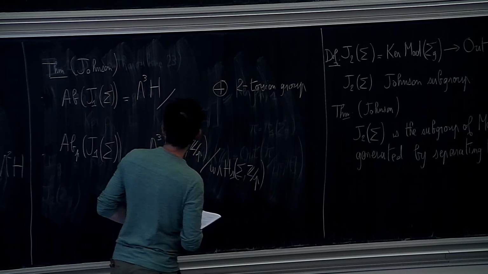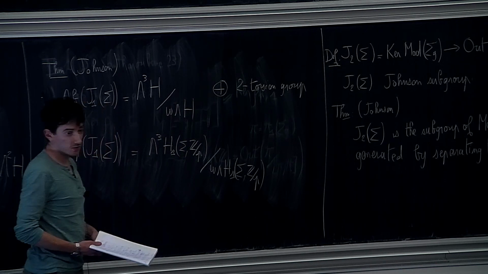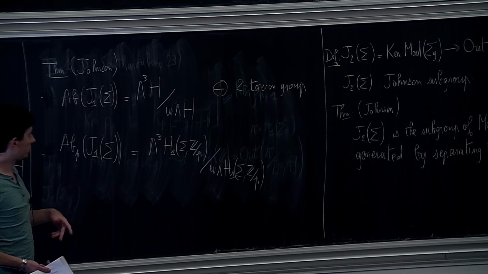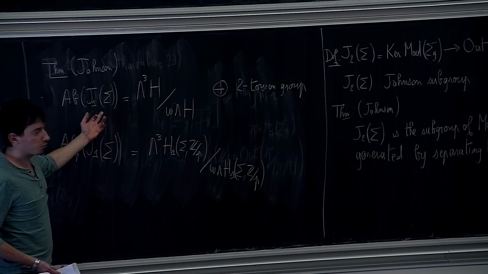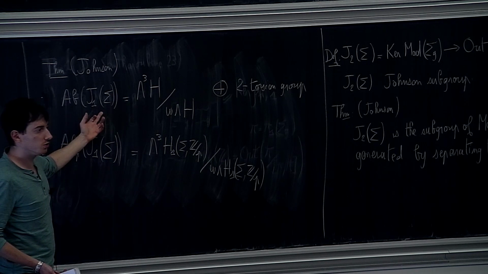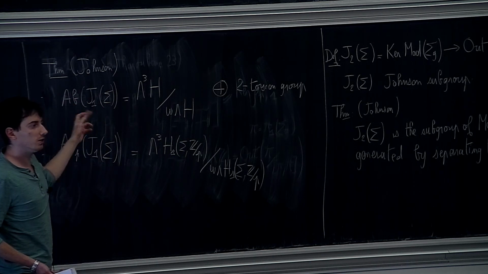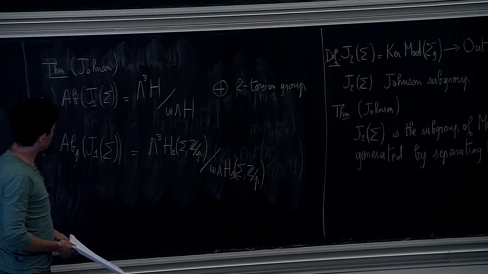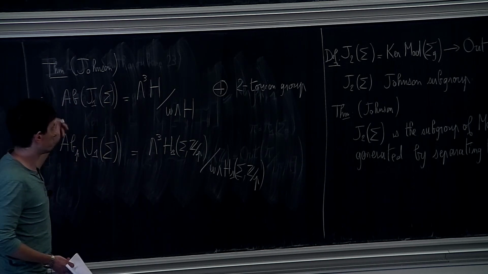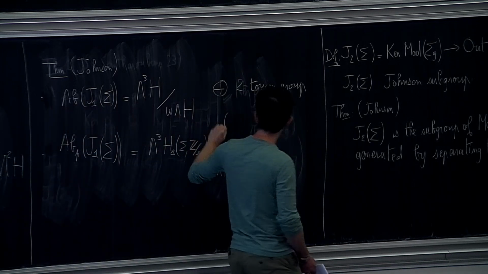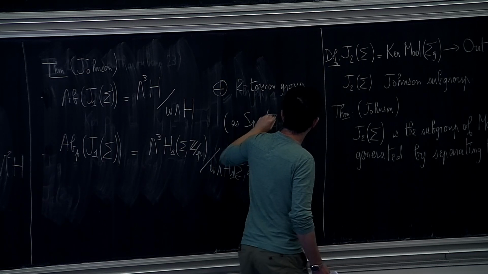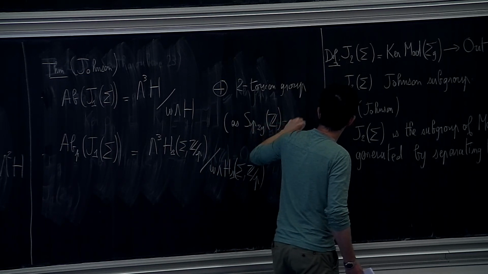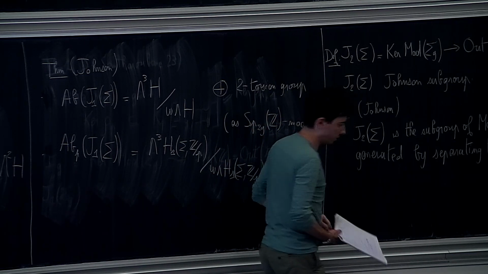So I have that. Here, as was the case in Andy's talks, a priori you have just a structure of an abelian group for the abelianization of J1, but everything is endowed with an action of Sp_2g. So here these are Sp_2g(Z) modules. And same below.